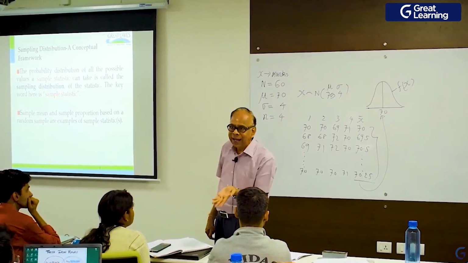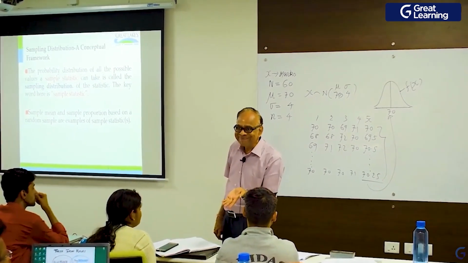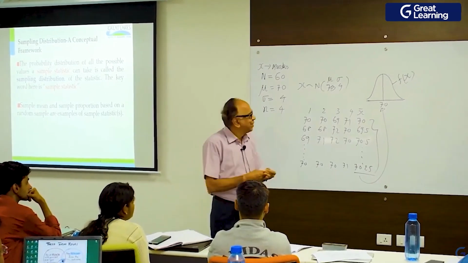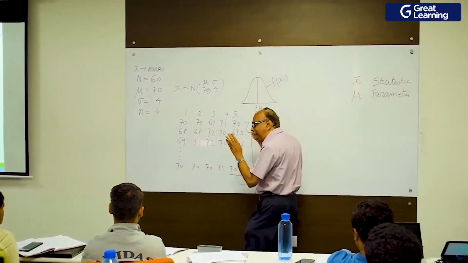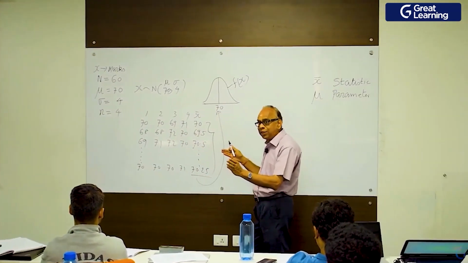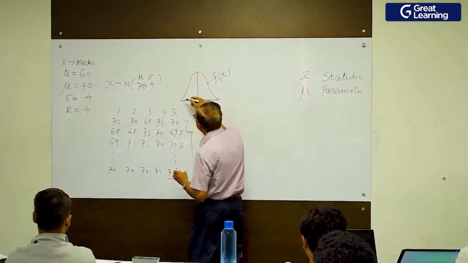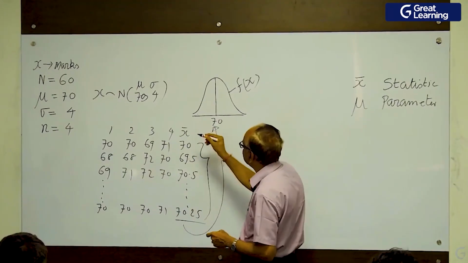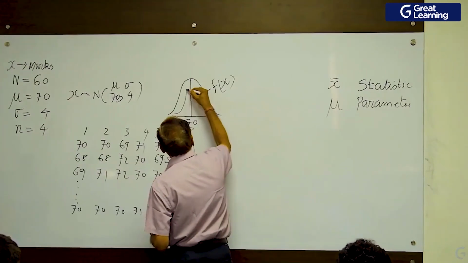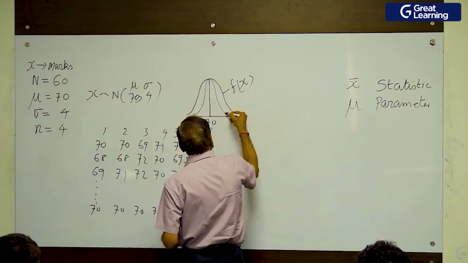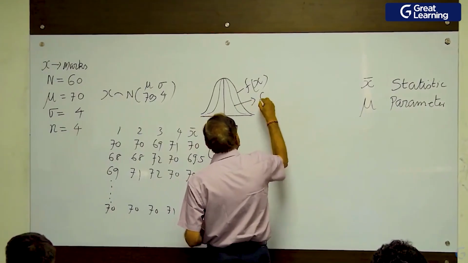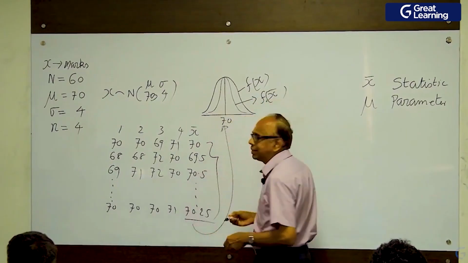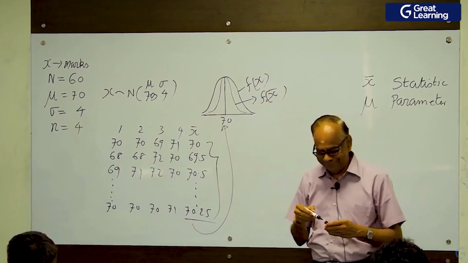Otherwise, why should I do sampling? And therefore, I am saying X bar is a bell with a smaller standard deviation. X bar will have the same mean, as I just told, and therefore I will have an embedded bell curve, which is my f of X bar, and this is the sampling distribution foundation.